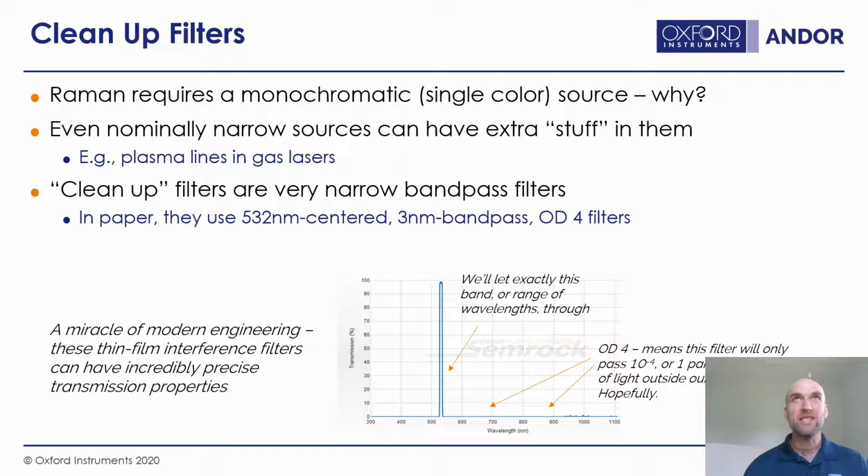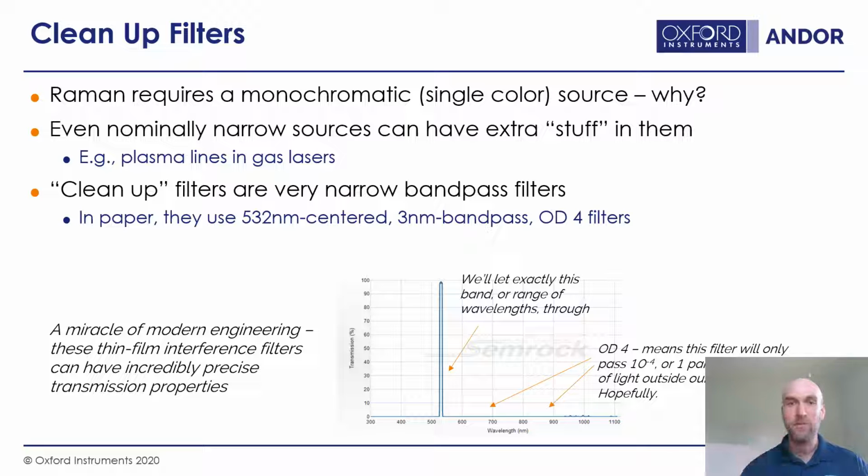What it means is that we have our center design wavelength, and then it will let through a nanometer and a half on this side, a nanometer and a half on that side, and let this narrow range of wavelengths through. Also, this filter is OD4, optical density 4. That means that outside of our window of transmission, we will tamp down whatever light is outside of our area by a factor of 10,000.